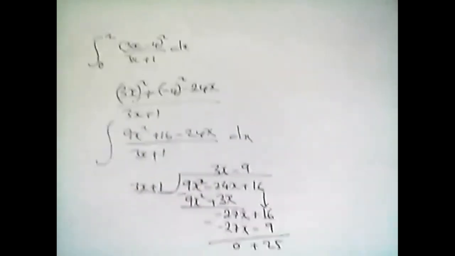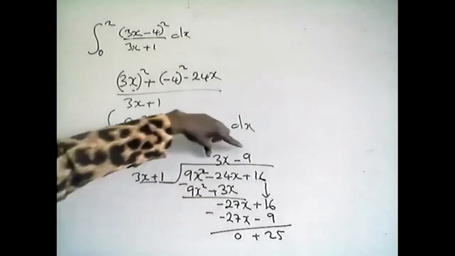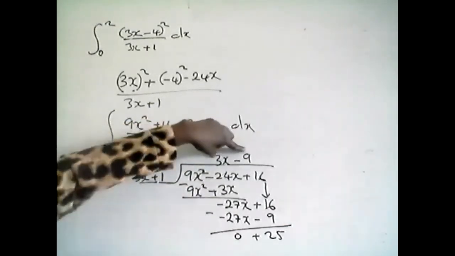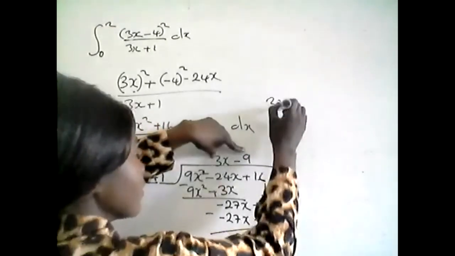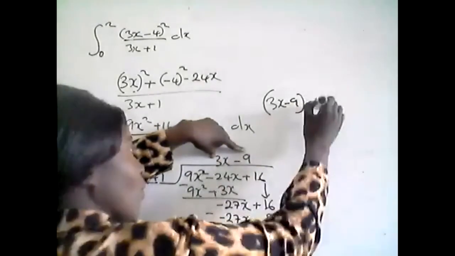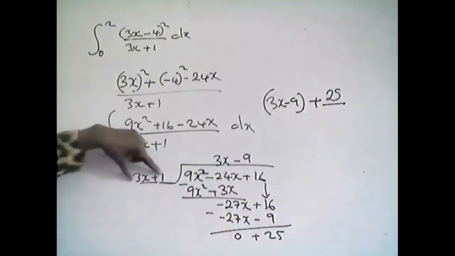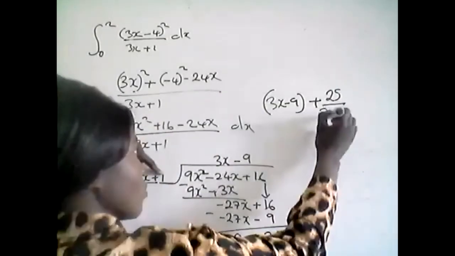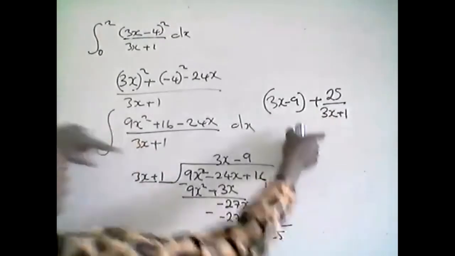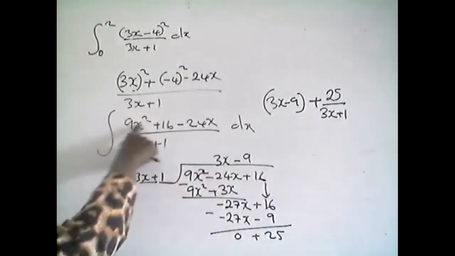remember what we were doing last week, how we solve partial fractions. What we have here simply means that 3x minus 9, plus our remainder 25 over 3x plus 1, is equal to this piece which is here.